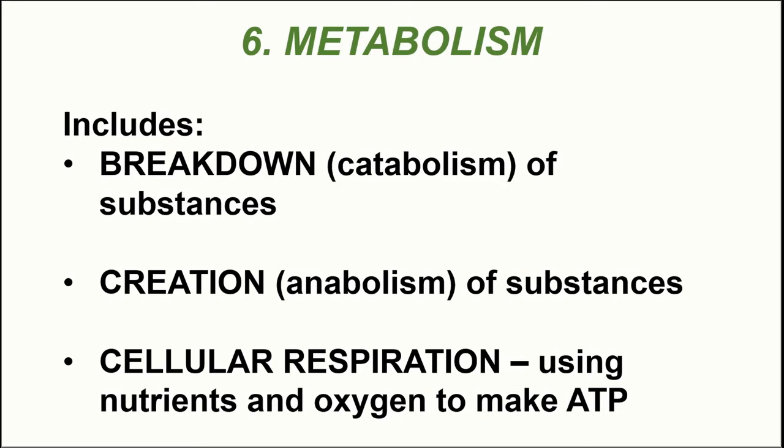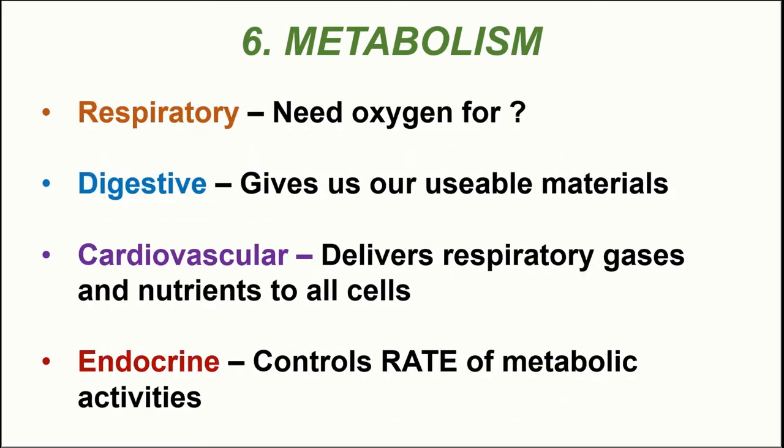So yes, glucose is kind of our main sugar fuel in our body, but glucose wouldn't really be very useful to us if the energy in glucose was not transferred to ATP. So ATP is kind of our go-to for cellular energy currency. So metabolism includes breakdown, creation, and cellular respiration. So what organ systems come into play for metabolism? Well, really several organ systems are at play in metabolic processes.